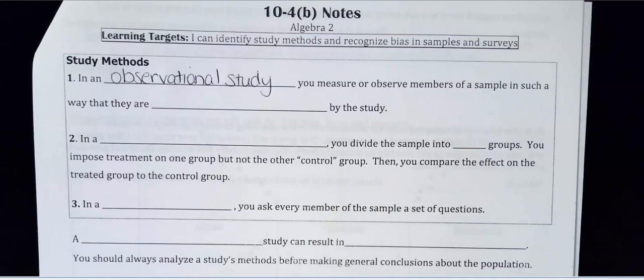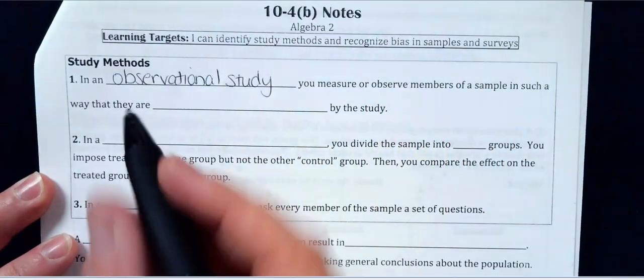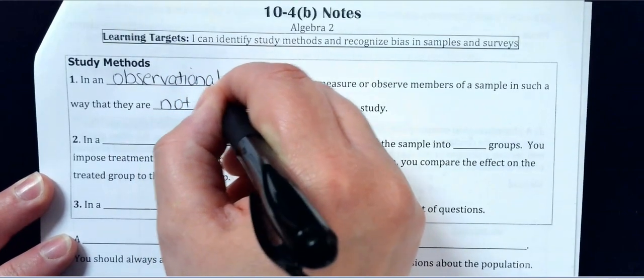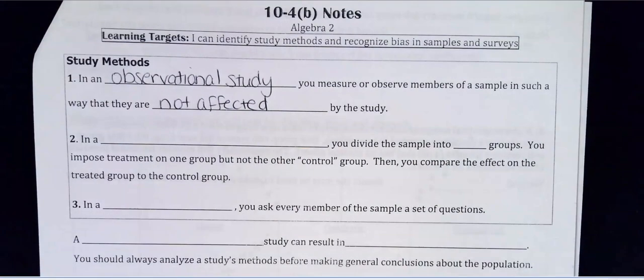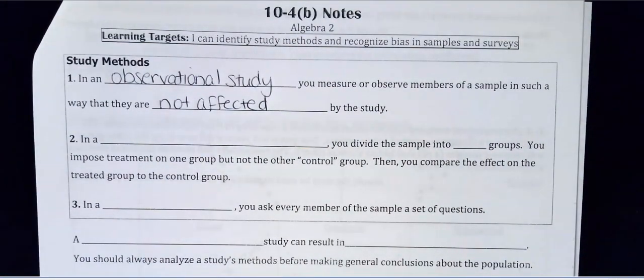You're just going to observe and you're going to record information. And then this one says you measure or observe members of a sample in such a way that they are not affected by the study. So like I said, you're not actually asking them questions or influencing them in any way. You're just going to observe whatever's going on and write down what you observe.